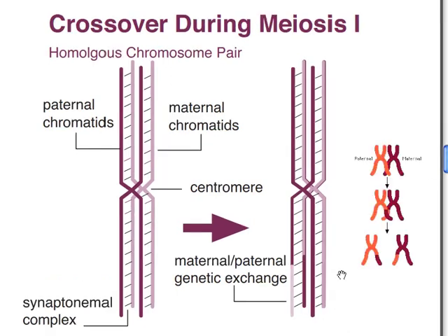And this illustrates how they're different. So we start with the paternal and maternal chromosomes. During the pairing up, they exchange DNA, where we started off with two chromosomes with identical chromatids. Now we have two chromosomes, and each chromatid is genetically distinct.